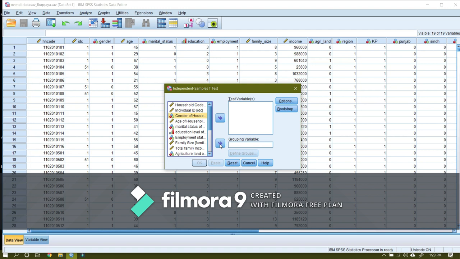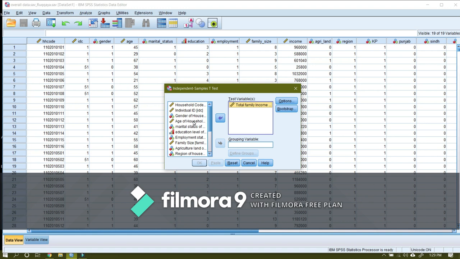Now here is a small window. I will move in a variable of interest which I am going to test. Say for example I want to compare the income in this file. This is a big file, and I want to compare the means of income for two different groups.